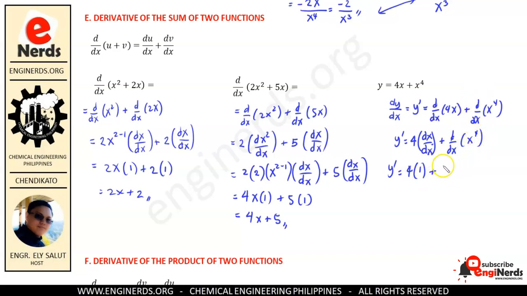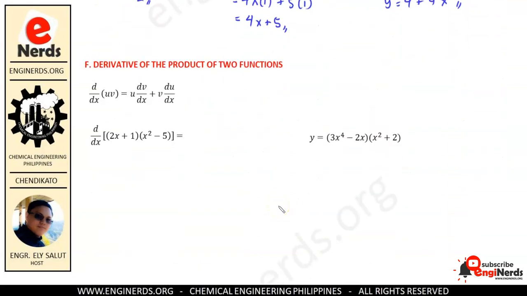We will bring down itong ating exponent and then copy our base of the exponent, then subtract natin yung exponent natin sa 1 and then take the derivative of the base of the exponent. So we'll have here now y prime is equal to 4 plus 4x cubed. Okay, so this is our final answer for this question.